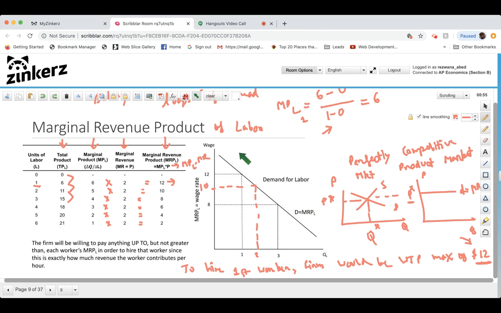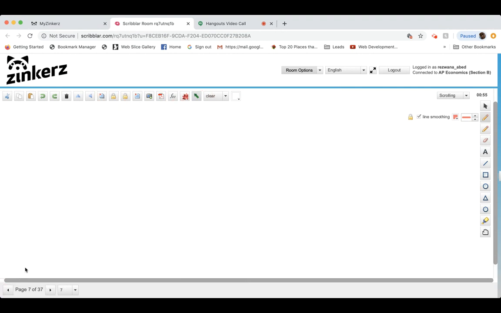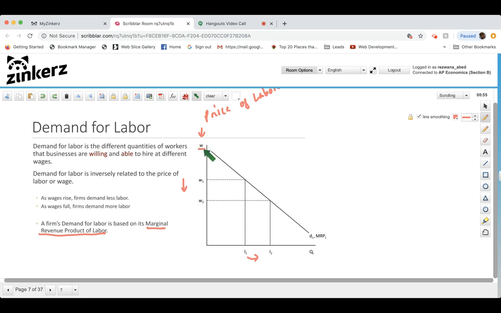The marginal revenue product of labor is the same thing as the demand for labor, because as you recall from the previous slide where we had the graph for the demand for labor, it was showing us the same thing: how many workers farms are going to be willing to hire at different wage rates.